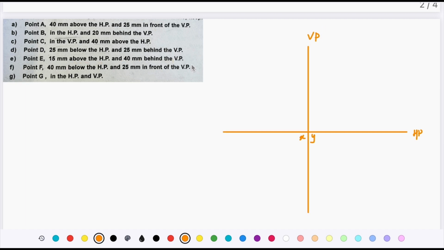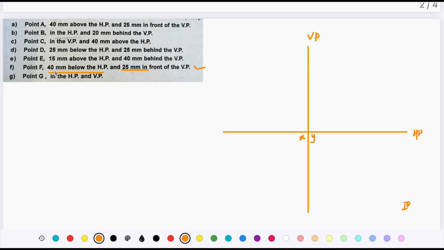Next, point F, it is 40 mm below HP, so either third or fourth quadrant. Another reference is 25 in front of VP, so below HP in front of VP, it is part of fourth quadrant.